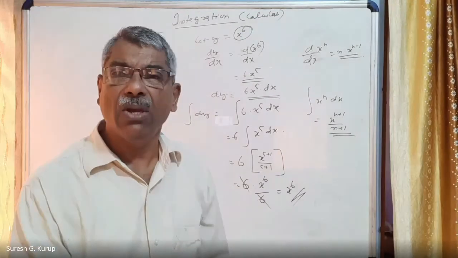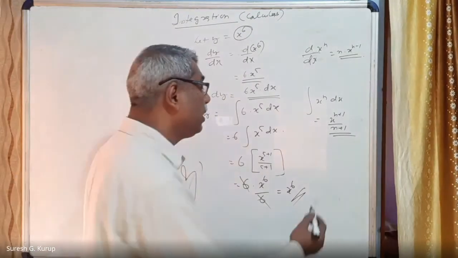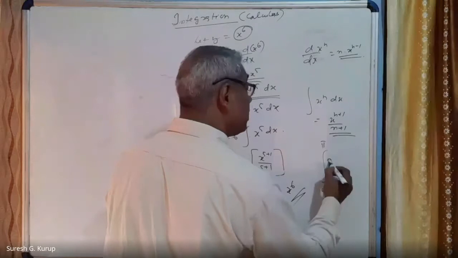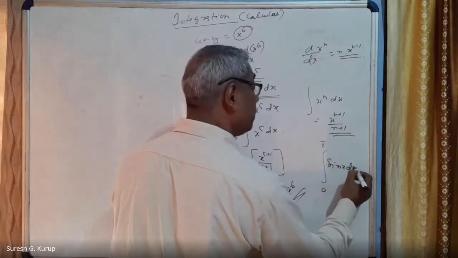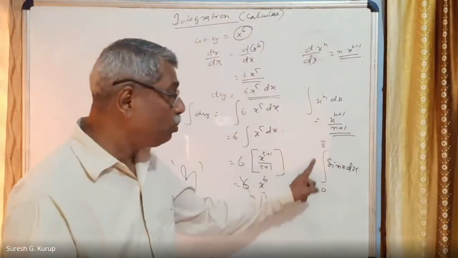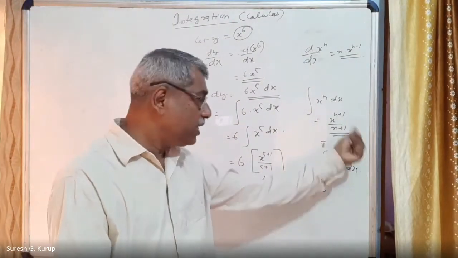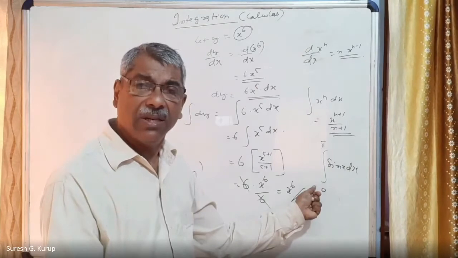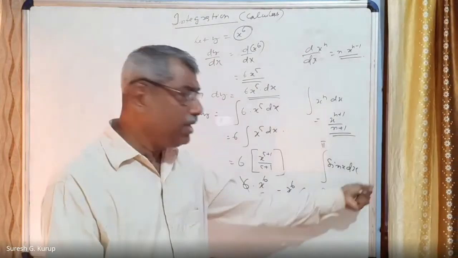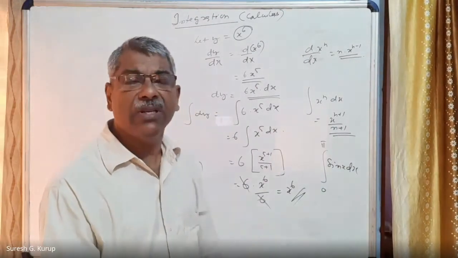For example, integral 0 to pi sin x dx. Sin x dx means it is dy. It is integrated within a limit, and then this is called a definite integral.